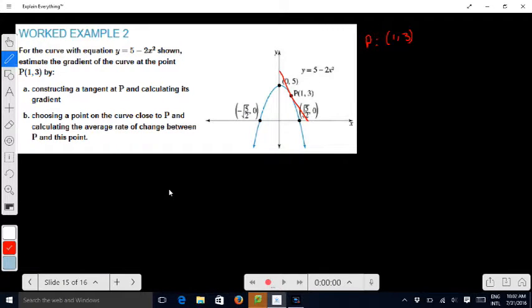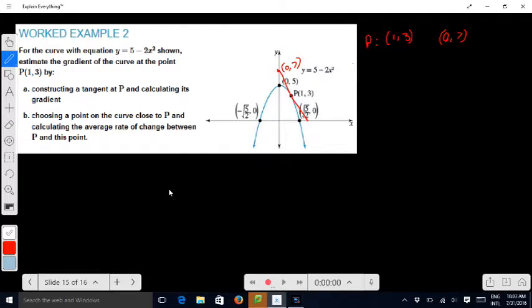We've got 1 point, and we need another point on that red line. This one up here is probably the best we can do, and it looks about 7. So close enough. If you had graph paper, you could draw the tangent on the graph paper and you might get more accurate answers. We're just estimating at the moment.